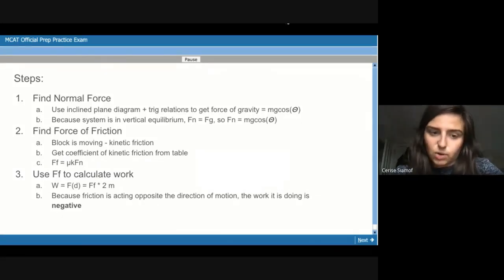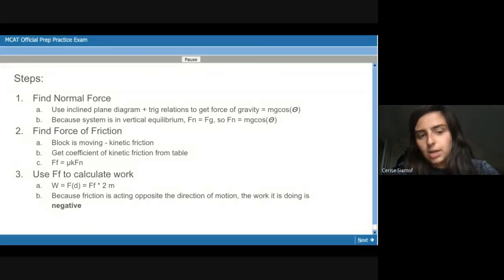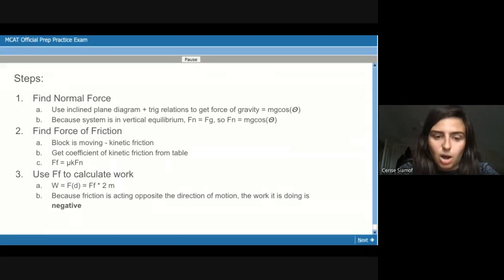Work is force applied over a distance, so it's that force times 2 meters, and that gives you 6.8 when you plug in all of the numbers from the problem. And then because friction is acting opposite the direction of motion, the work that friction is doing is negative, which is how you end up with negative 6.8 joules.